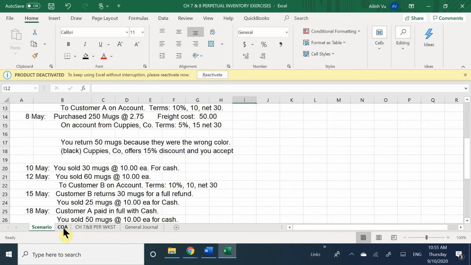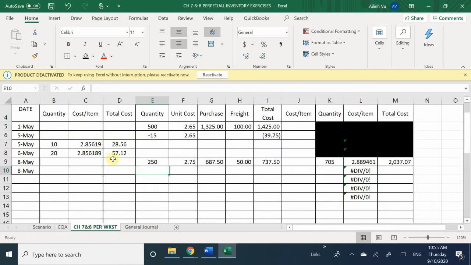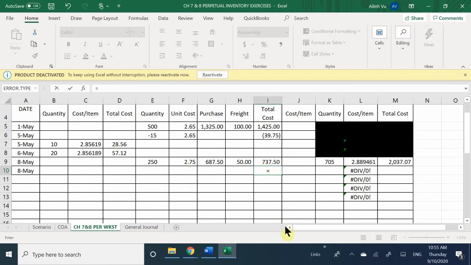So we're going to go ahead and calculate it here. You can do it in the worksheet itself. So here, I'm going to calculate my total amount. I'm going to do my parentheses. I have a total of 50 mugs that cost me $2.75 each to purchase.